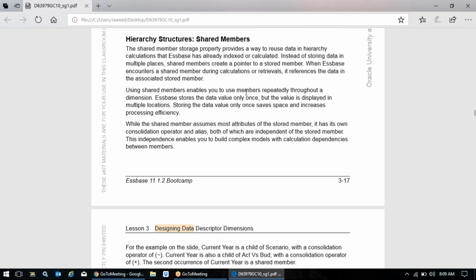Okay. So let me ask you this. Let's say in the primary tree I have two level 0 members rolling up to a parent, let's call it A. Now in the alternate hierarchy, I want to share parent A, but I don't want this to be level 2. Can I have it as level 4 or 5? Can I move it up to a much higher level if I want to?